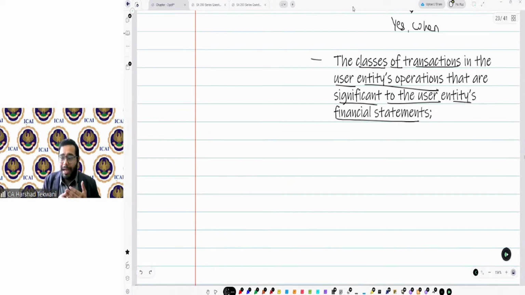How is that data initiated, recorded, processed, corrected, transferred to the general ledger, or reported in the financial statement by the user entity? If any of the data is impacting these procedures, or is part of these procedures, then yes, that particular type of transaction will become important.